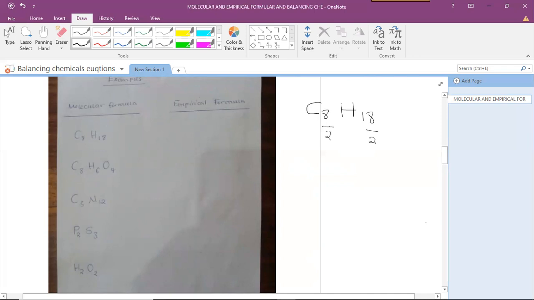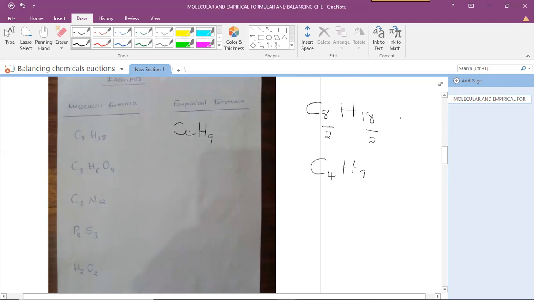So if we divide that by 2, we're going to get C4H9. There are no common factors between 4 and 9, so this here will be the empirical formula. So if we were to put it there as the empirical formula, C4H9.